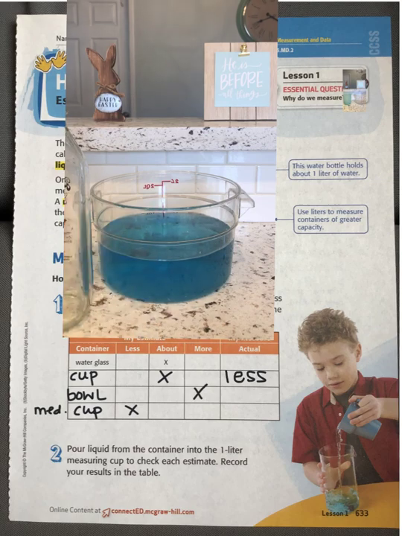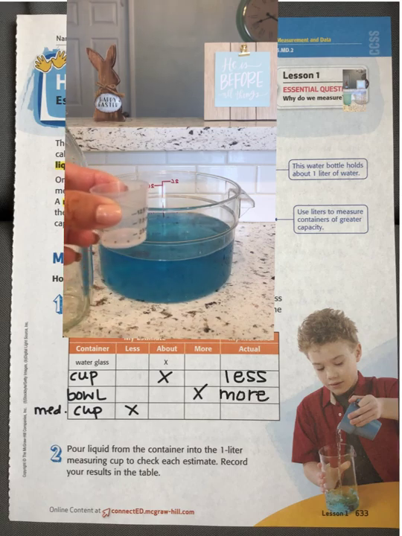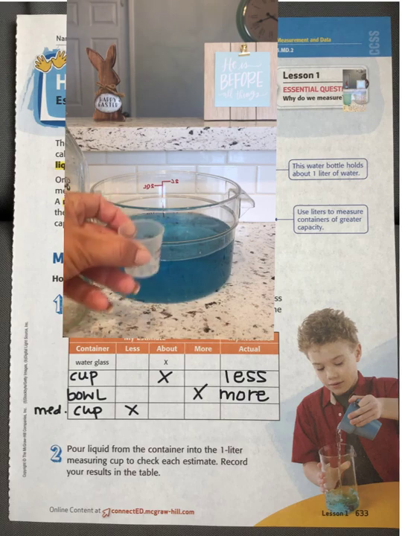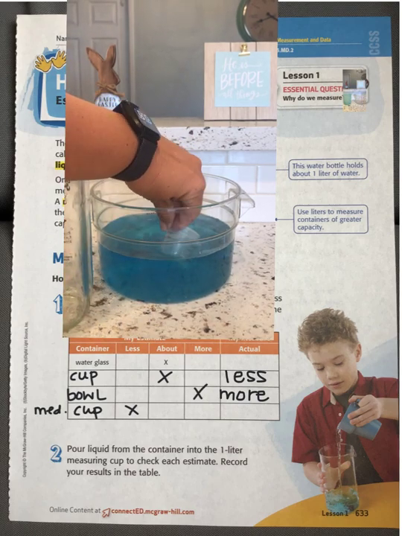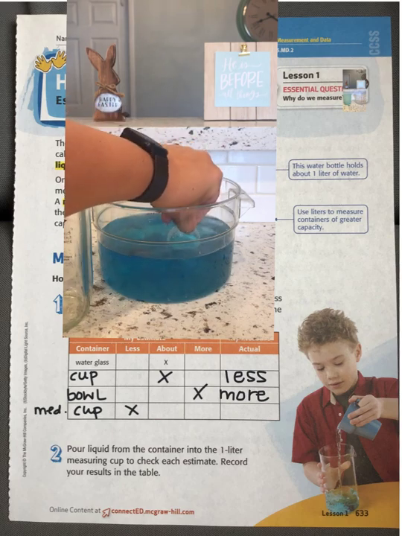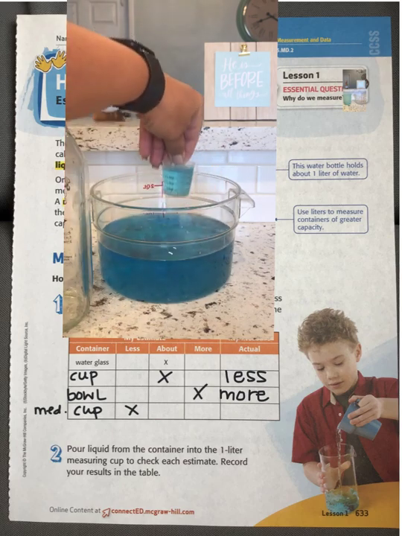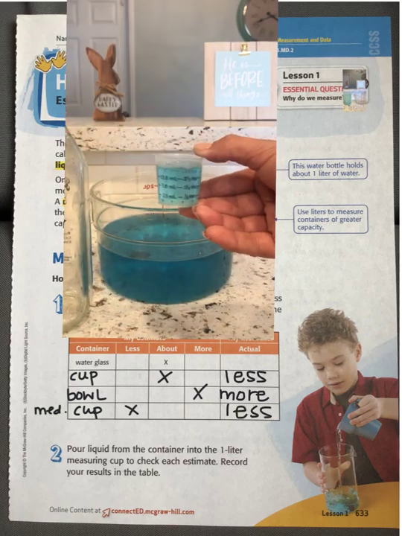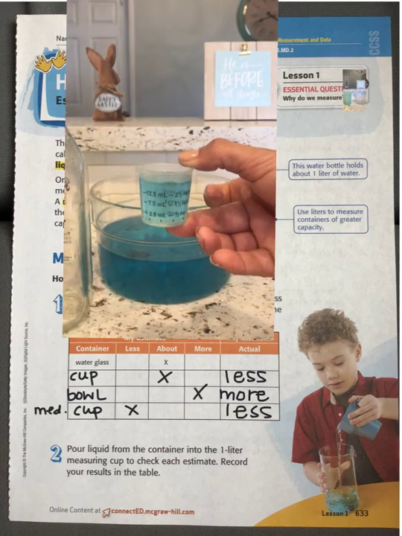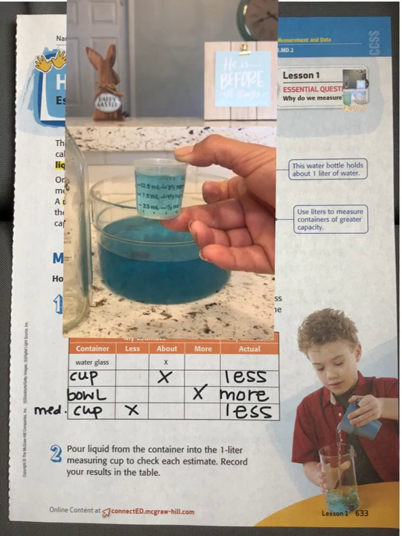So I'm going to write under the actual, more. Okay? Now, I'm going to go ahead and say that my measuring cup definitely holds less. My measuring cup would be good if we were measuring in milliliters, which is what we're going to talk about next.